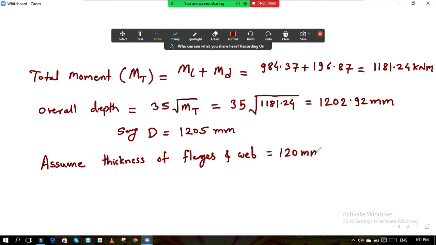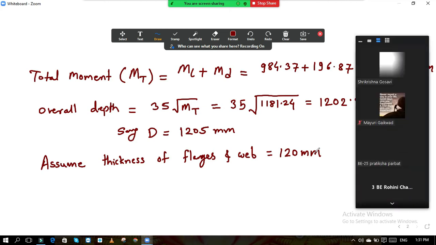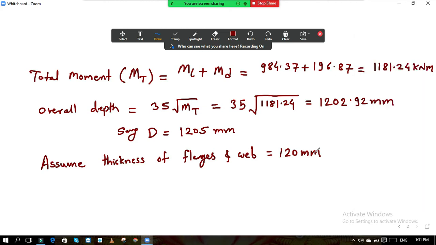We are finalizing the dimensions. Now if I show you, these are our dimensions. We have finalized our overall depth, and we have finalized the thickness 120 mm for web as well as for flange.